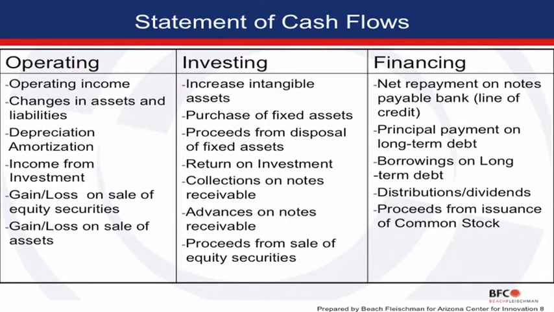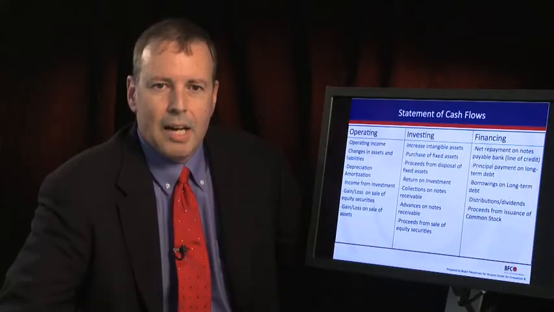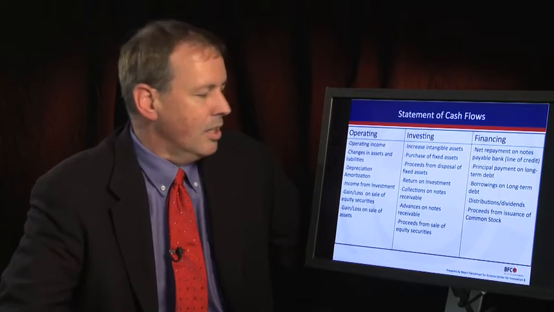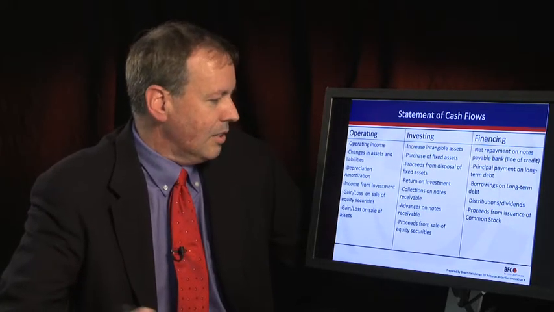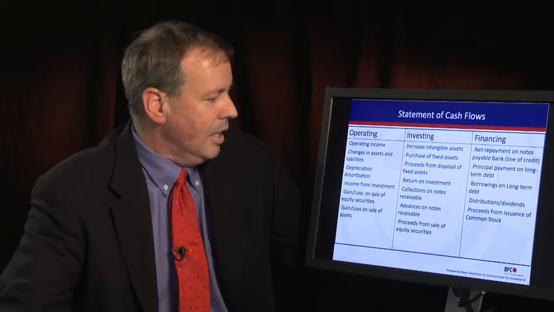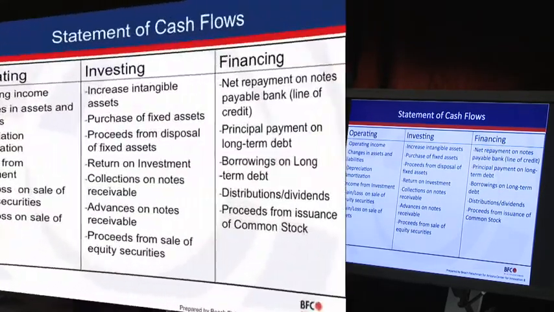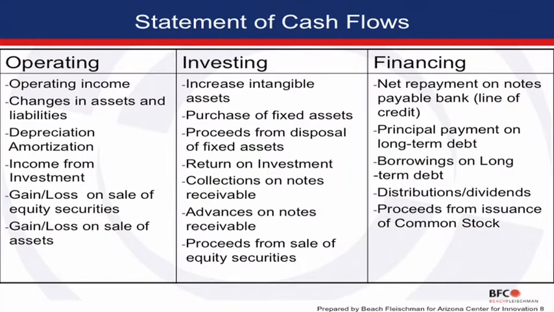So one of the other things that we have to do with operating activities is we have to take a look at anything that is charged to a GAAP basis financial statement that is a non-cash expense, like depreciation, amortization, a gain on sale of an asset or a security. Those types of items get adjusted back to the net income, since they are a charge to income but don't necessarily use up any cash.